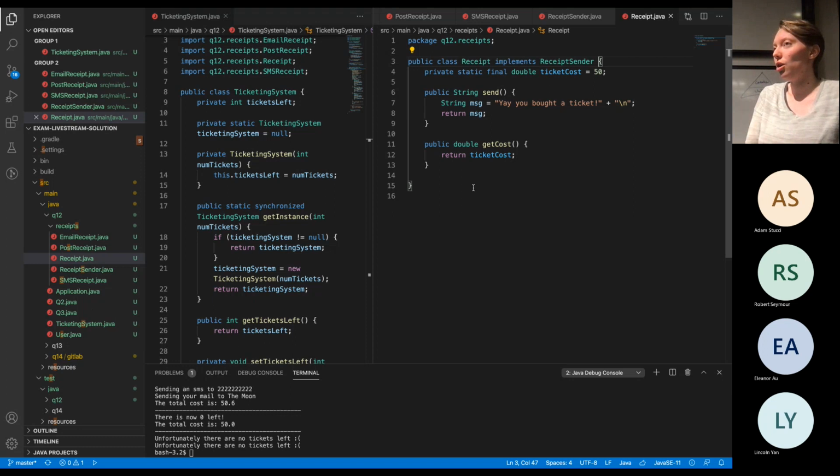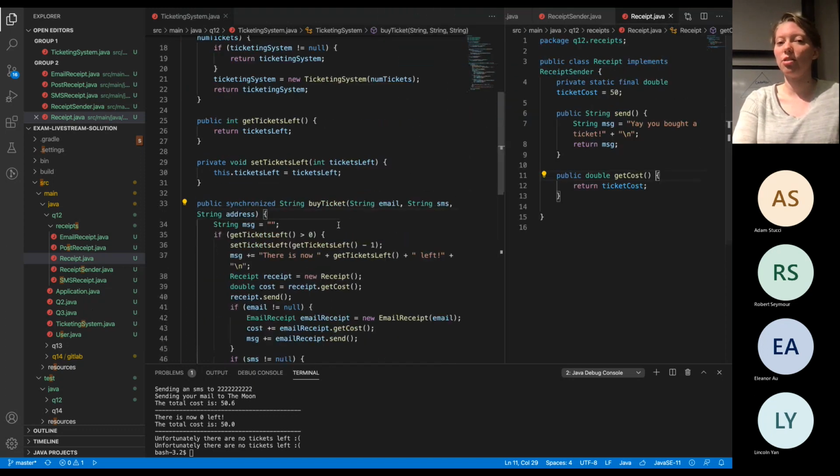We want to make sure that it follows the same guidelines that we've set for everything else. We don't want to trust the user that they're going to go have a look and implement it correctly, right? We want to be like, no, we're forcing you to implement it correctly and not just trust them to implement it correctly. So the next part, let's go have a look at the ticketing system again.